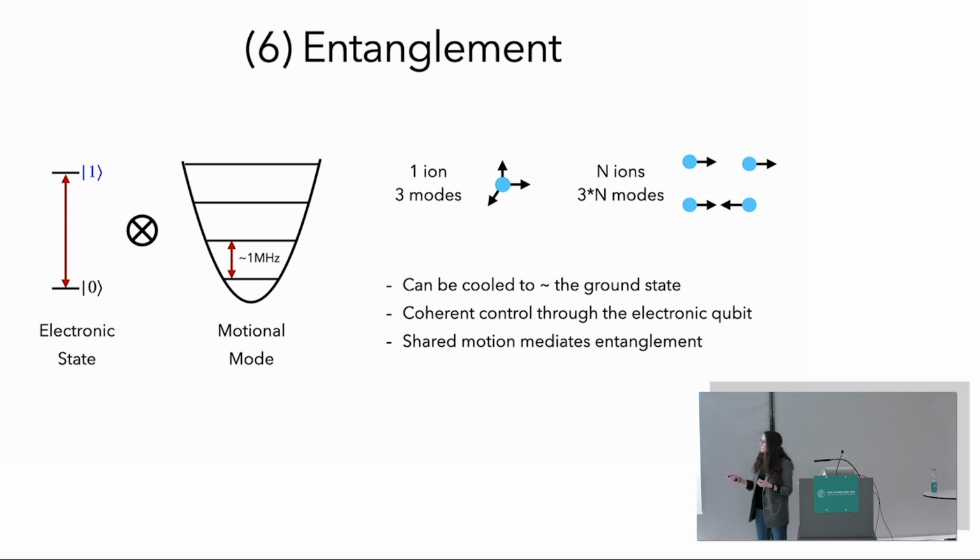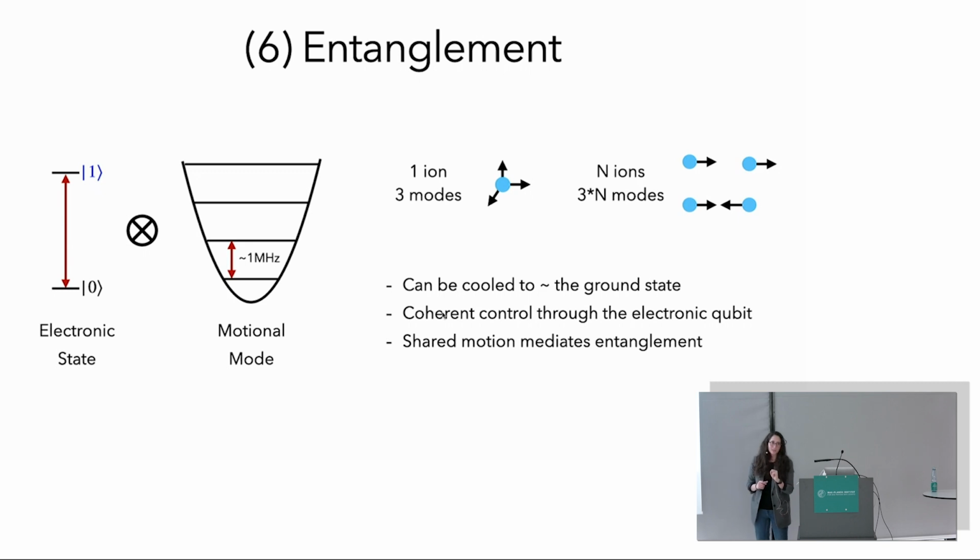And maybe the most important thing in terms of quantum computing is that because these modes are shared between ions, so any ion within the trap, they have these motional modes that are shared, and they can be used to mediate entanglement. So we can entangle the electron spin with the motion, and then if we drive the motion together, the motion depends on the electronic state, and so we can drive entanglement.